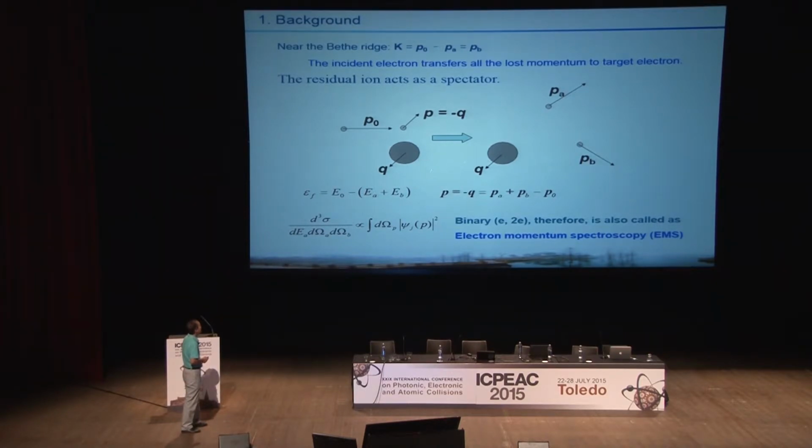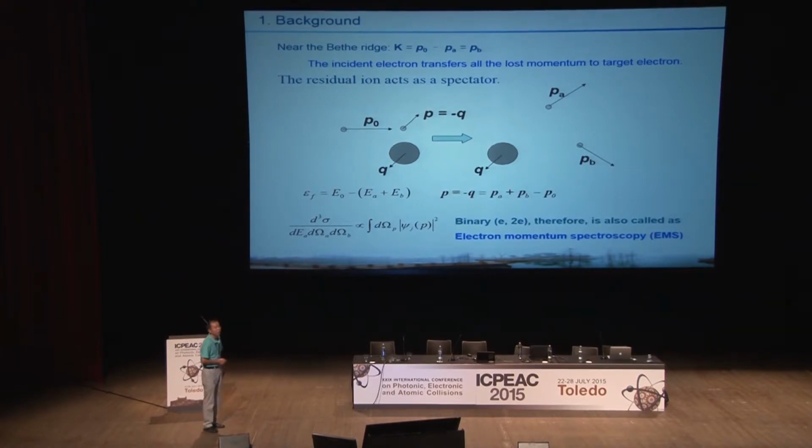By detecting two electrons in coincidence, we can obtain the binding energy and momentum distribution of electrons. The measured (e,2e) cross section is related to the wave function of the target. So binary (e,2e) is also called electron momentum spectroscopy, or EMS.